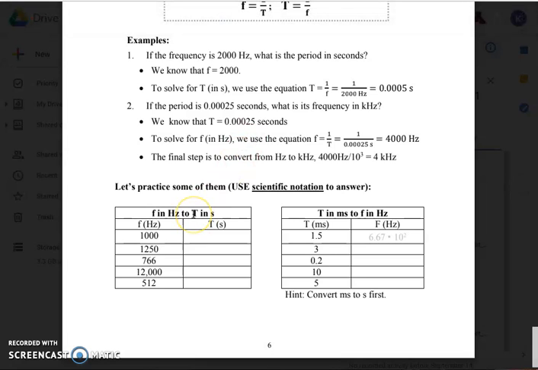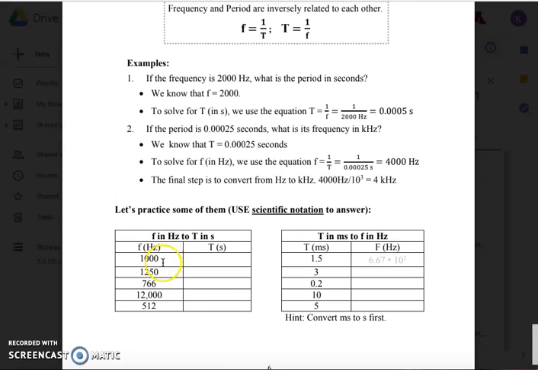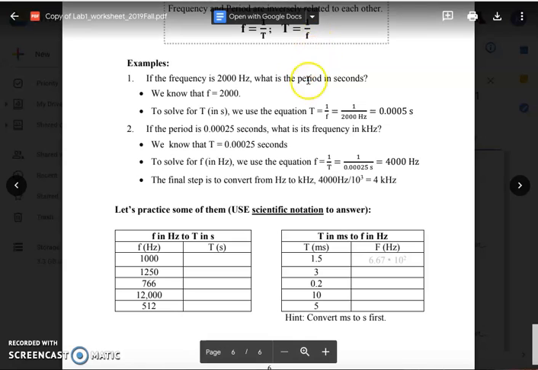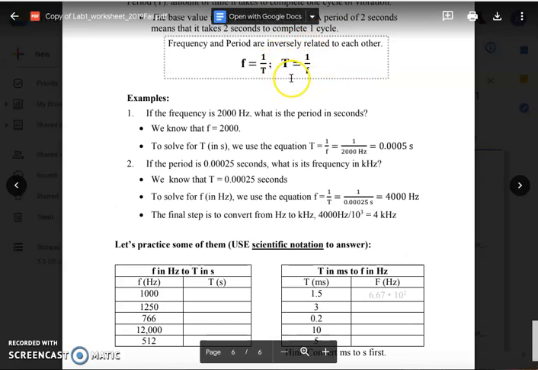So in the first problem set, we're converting frequency to time. We have 1000 hertz that we need to convert to time. We know the frequency, which means we're going to use this equation.